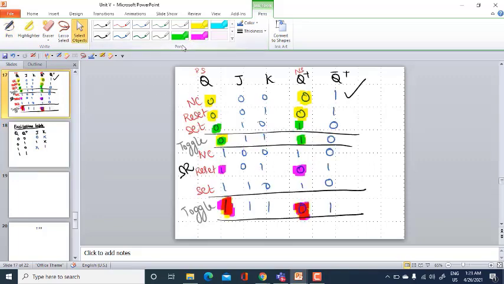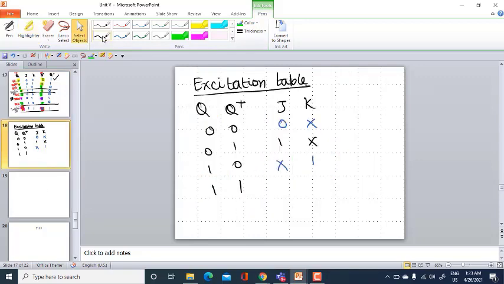The 1 and 1 combination is there in this state and this state, which is number 5 and 7. So here you have K as 0 and J takes the value of don't care, X and 0. This is about your JK flip-flop.